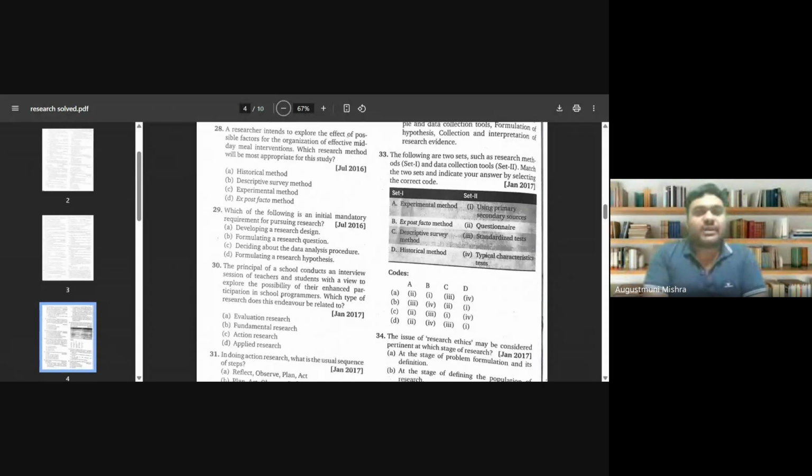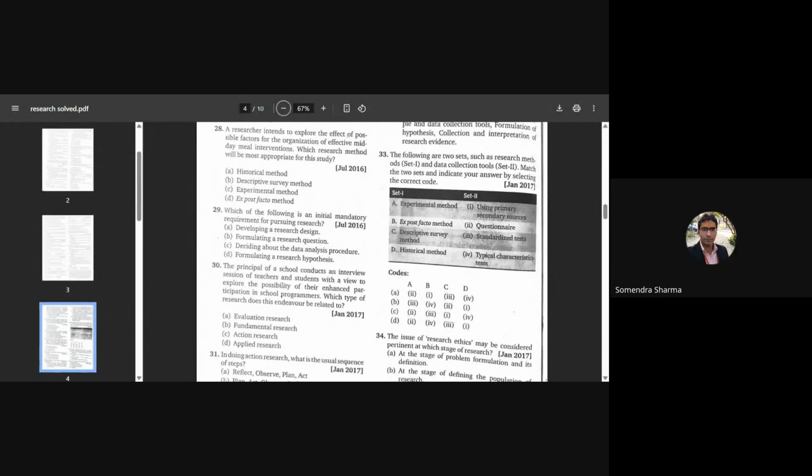Basically this is a type of quasi-experimental study where you are not particularly manipulating the variables fully. So ex post facto design is a quasi-experimental study where you are studying how the independent variable affects the dependent variable. Okay, sir. Thank you.